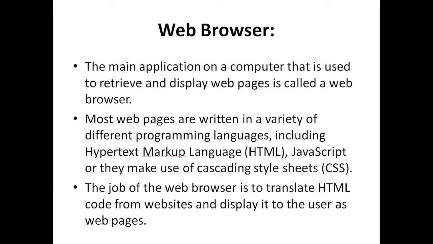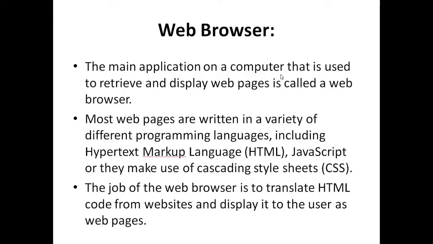The next topic which we have in this section is web browser. What is a web browser? The main application on a computer, or the main software on a computer, that is used to retrieve and display web pages.